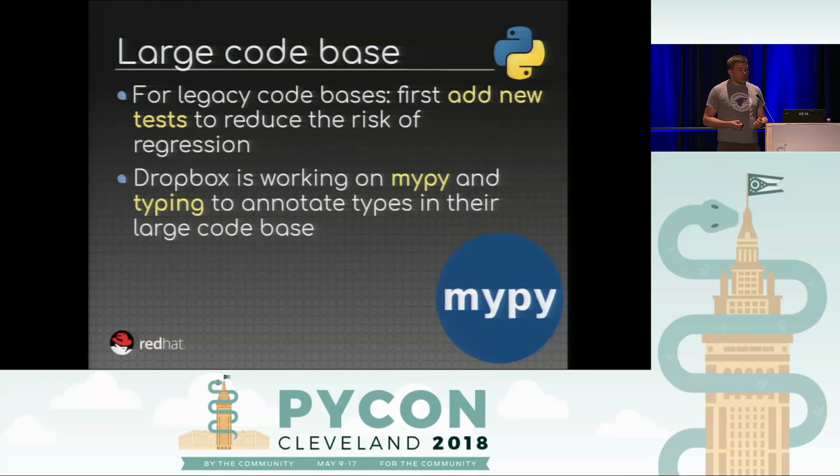Another approach, tested by Dropbox, is to annotate the types of the function parameters using a tool called MyPy. It's a static analyzer for types. And they are also working on typing, which is a standard way to describe the types for annotations. And thanks to that, they plan to port something like 5 million lines of code to Python 3.